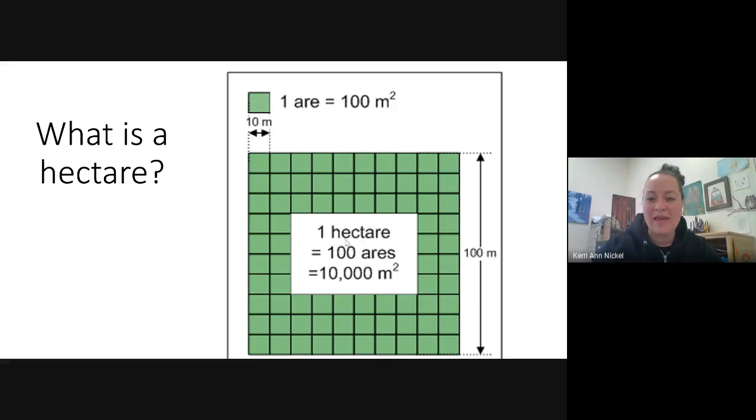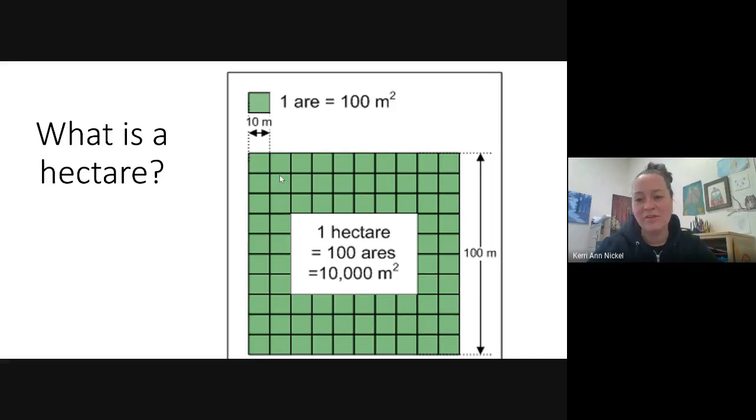Now, if you have a hecto of them, which means 100, if you were to have 100 acres, you would have a hectare. And that is an area that is 100 meters by 100 meters for a total of 10,000 meters squared. So when we talk about hectares, that's the unit of area that we're talking about.